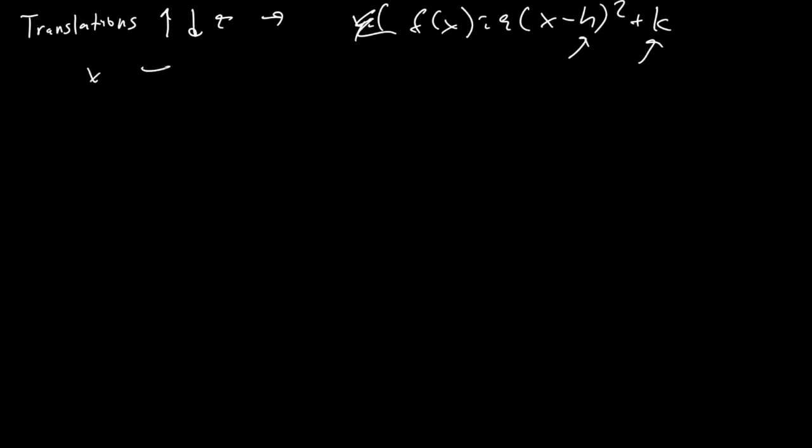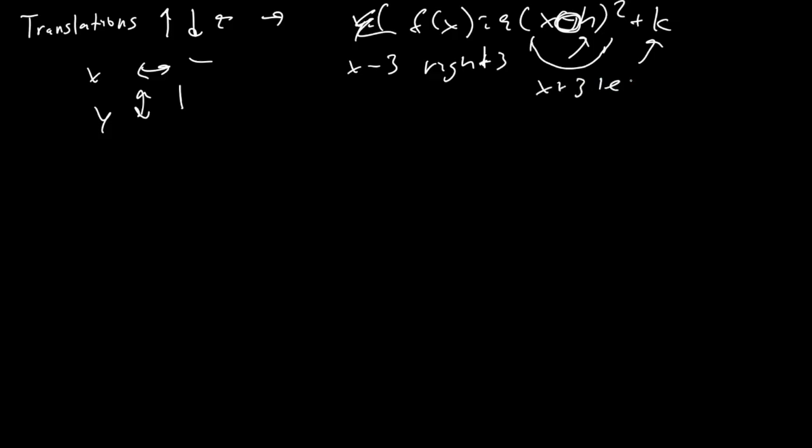So x is left and right, horizontal, and y is up and down, so vertical. A change in x means that it's inside of this x term, which is defined by the parentheses. This means that it goes left and right, and you notice the negative here. If you see x minus 3, this means that it goes right 3 instead of left 3 because of the negative. And vice versa, x plus 3 would go left 3.